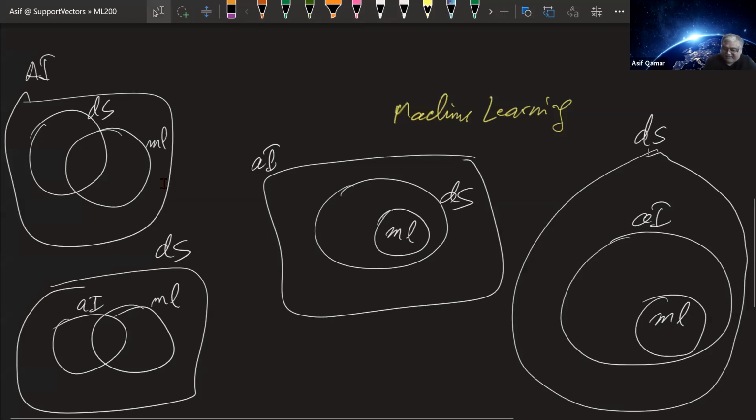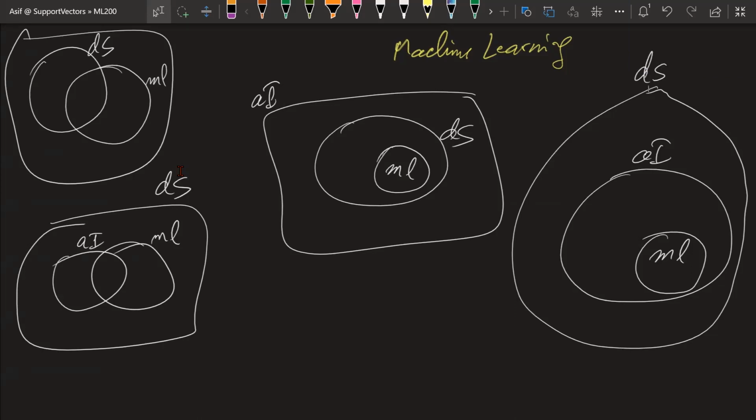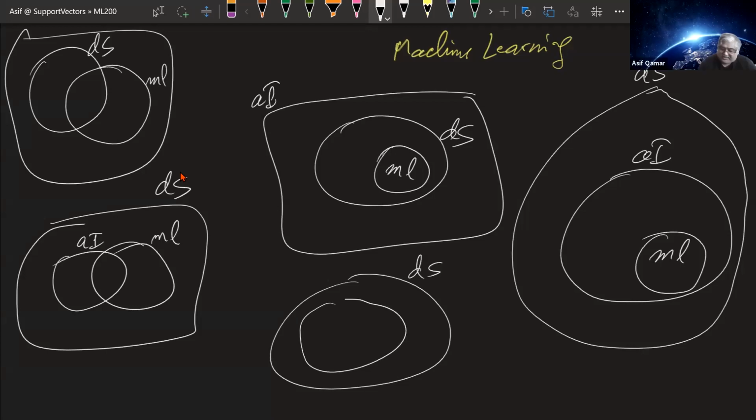Anybody else would like to have another possible Venn diagram? Shankar. So the bigger one would be the data science, the big square, and machine learning will be within data science.